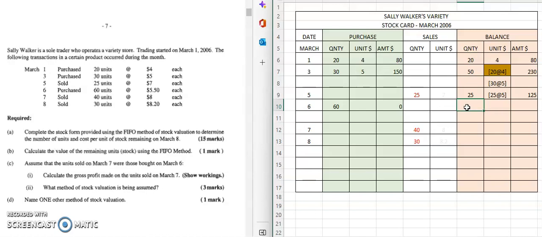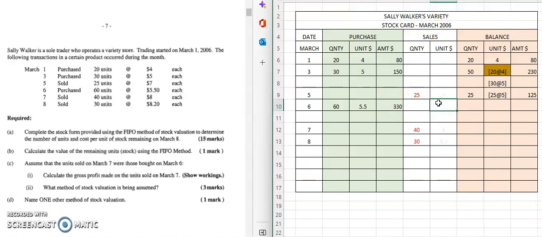Now, on March the 6th, she buys 60 units. And those 60 units cost her $5.50 each. So she spent a total of $330.